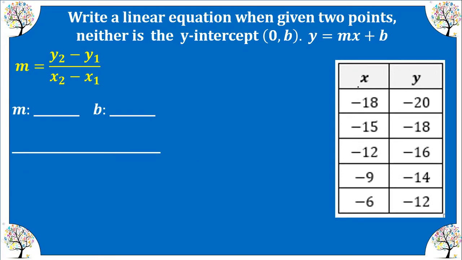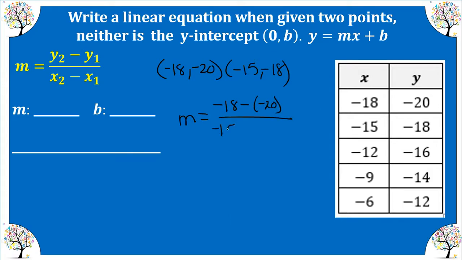Okay, again, I don't have my y-intercept because x is not 0. So let's find slope between these 2 points. So slope is the difference of my y values, -18 minus -20 over -15 minus -18.